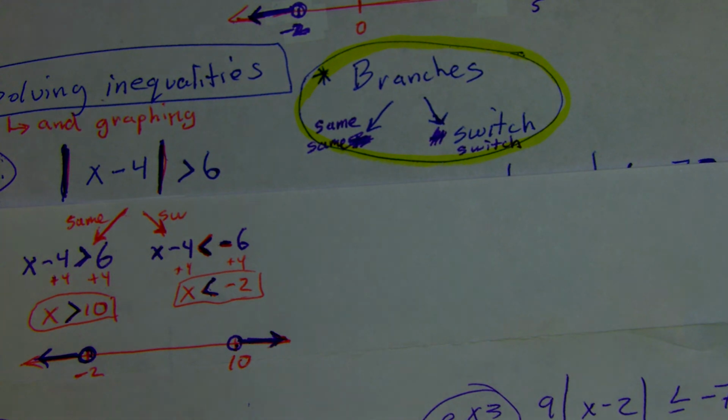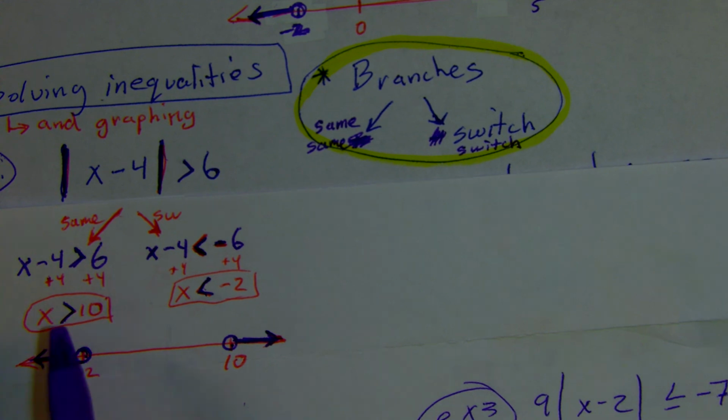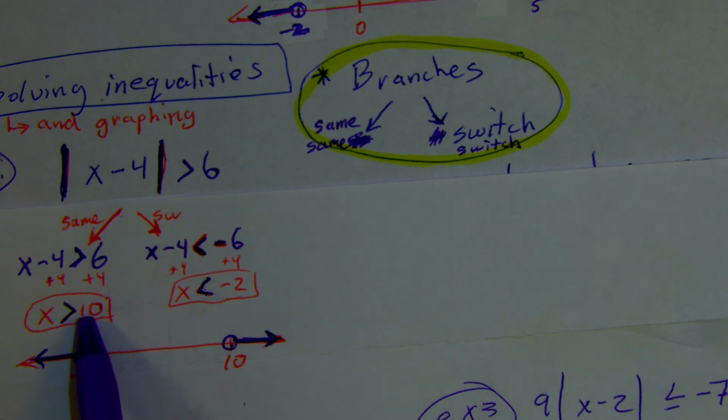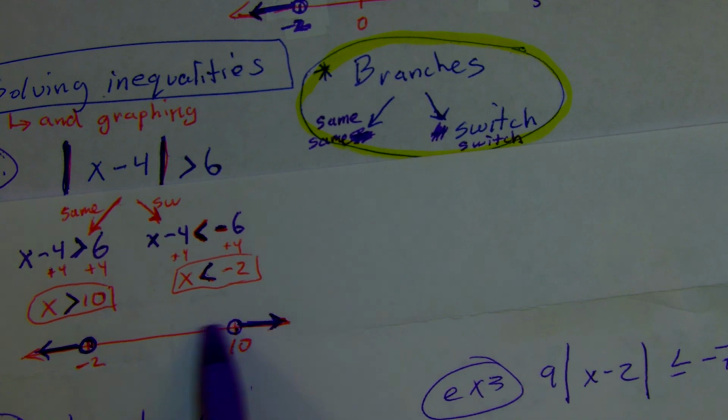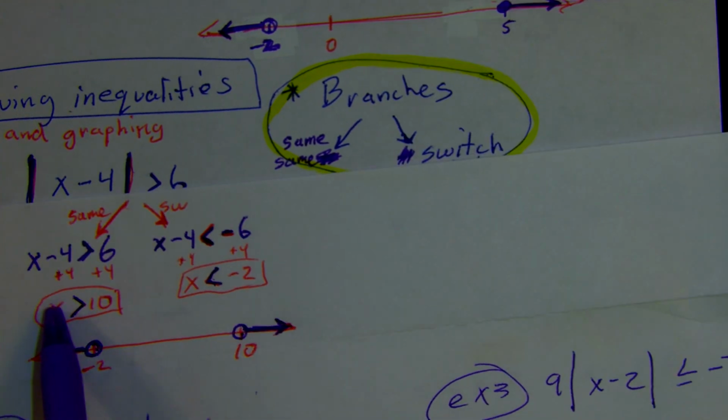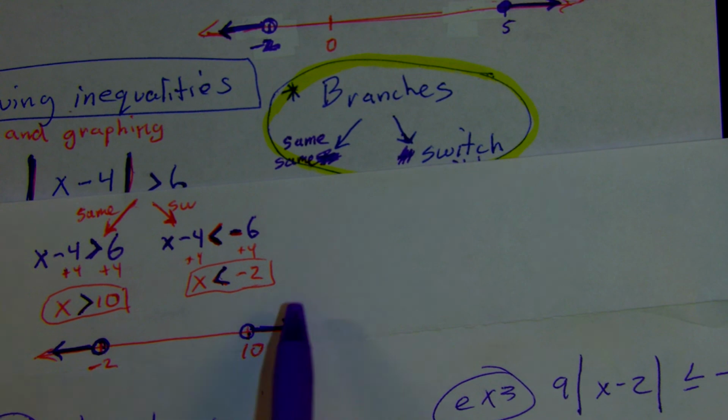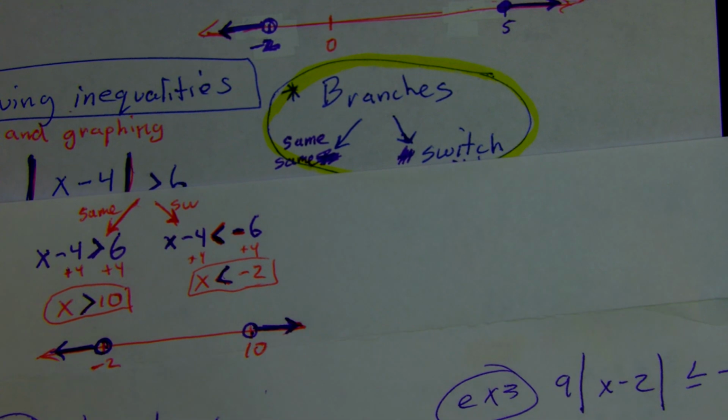Both are open. Remember, it says x is greater than 10. So it's going to go to the right. If this was x is less than 10, then we would end up going to the left. But no, it goes to the right.